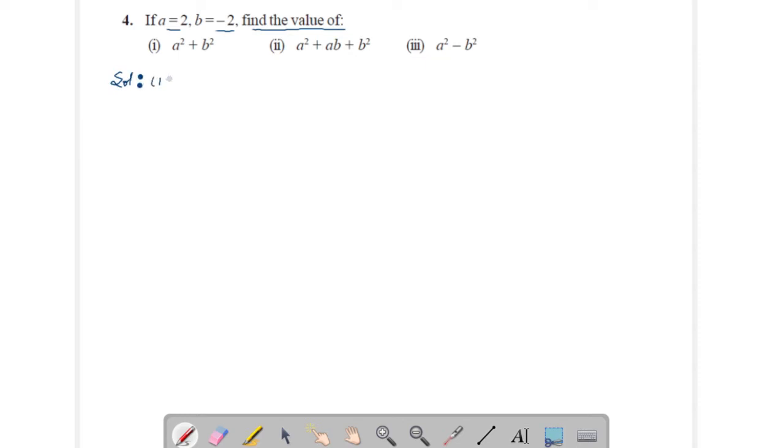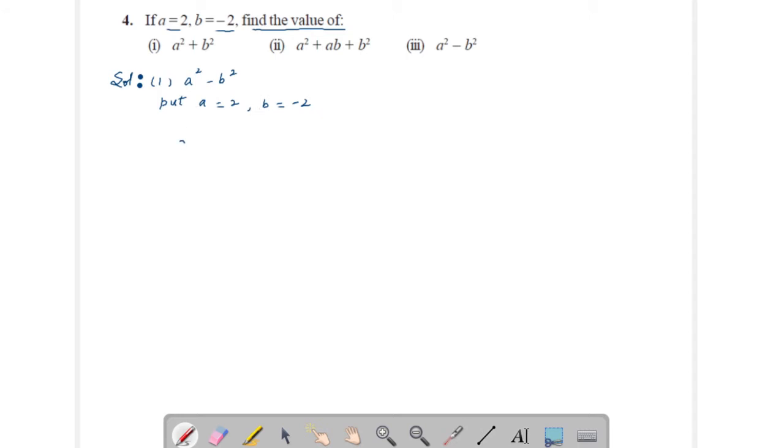First part, a square minus b square. Here put the value of a equal to 2 and b equal to minus 2.